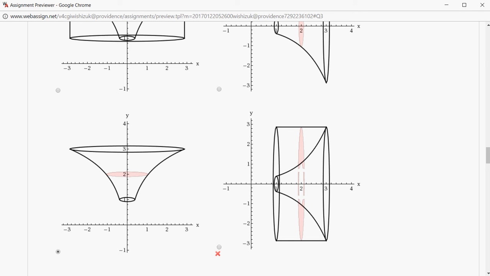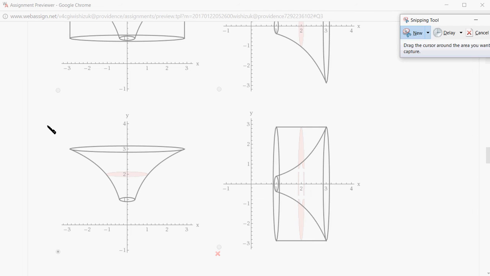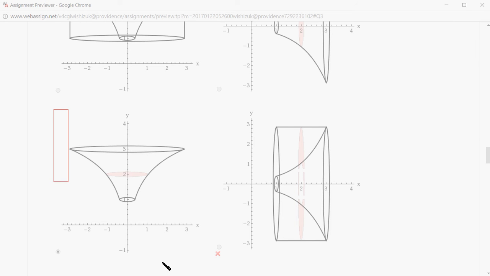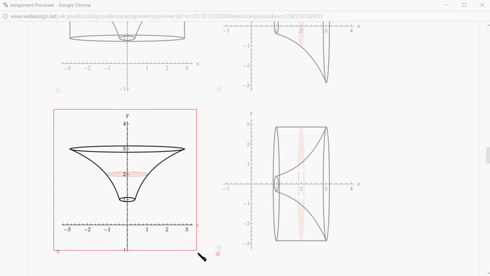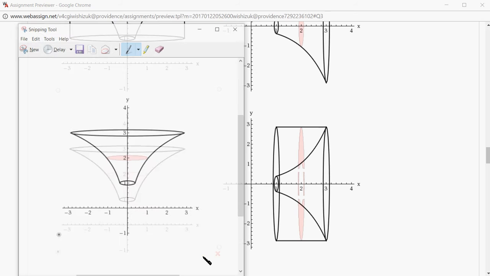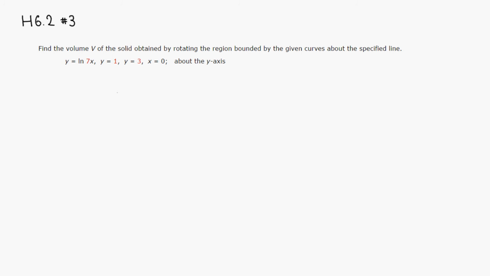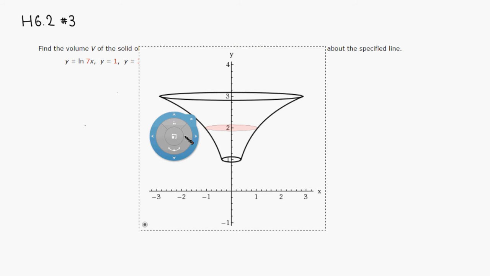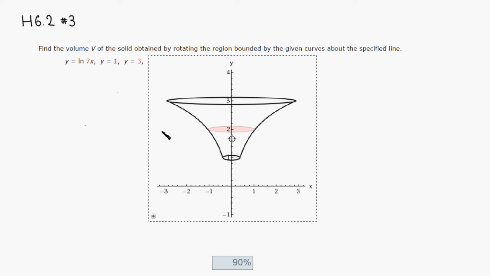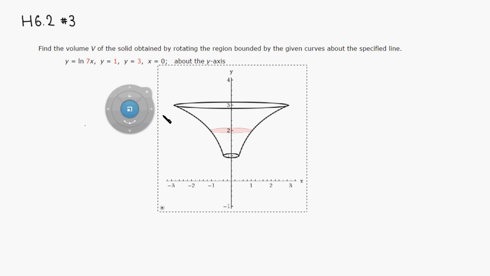I'm going to grab this picture right here and try to find the volume. I'm going to make it a little bit smaller and bring it over here.